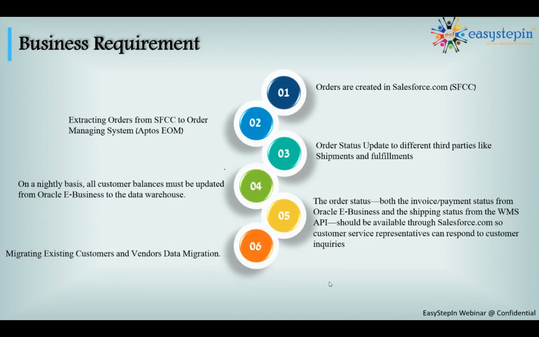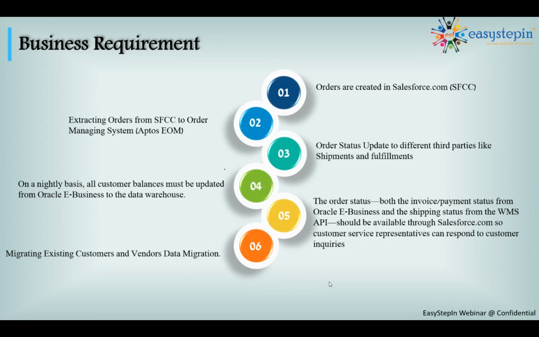Whenever there are order updates, like the order is created, the order is acknowledged, the order status is updated to fulfillment, the order is shipped, and the payment status is paid, and so on, these statuses should flow between the multiple applications.